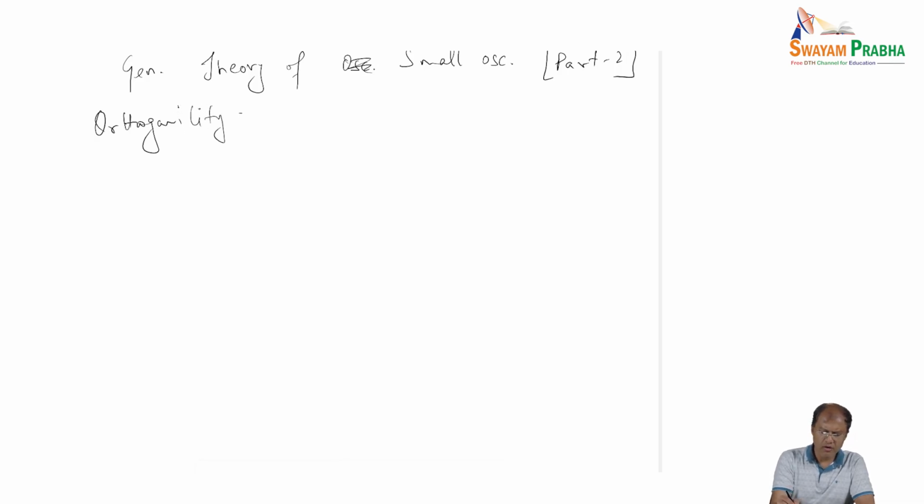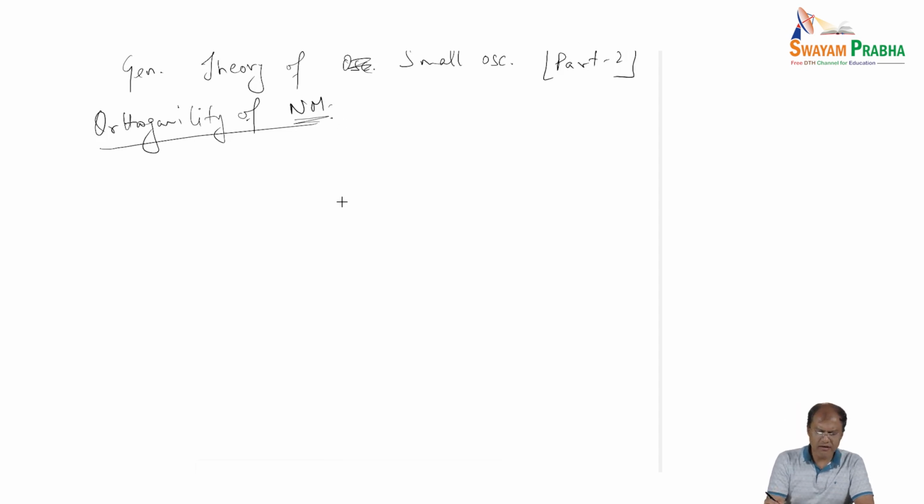Are the normal modes orthogonal to each other? The answer is yes, as long as the eigenvalues corresponding to the normal modes are distinct. They are not equal to each other, or they are unique.